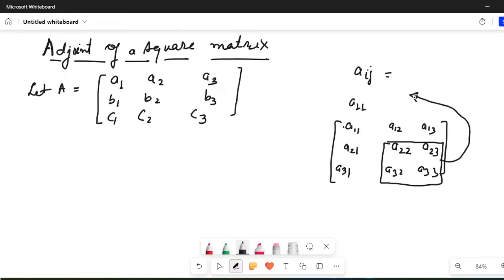If you multiply it by minus 1 raised to the power 1 plus 1, you will get the cofactor. So C11 would be this.